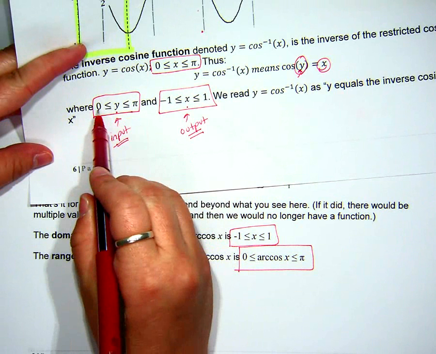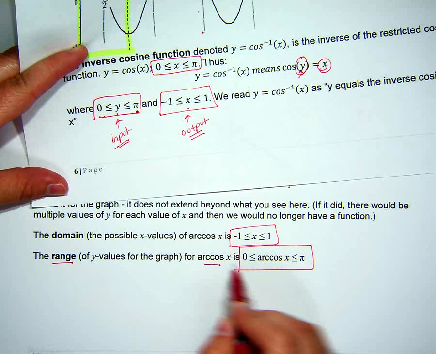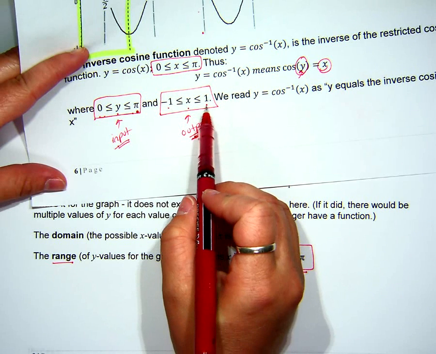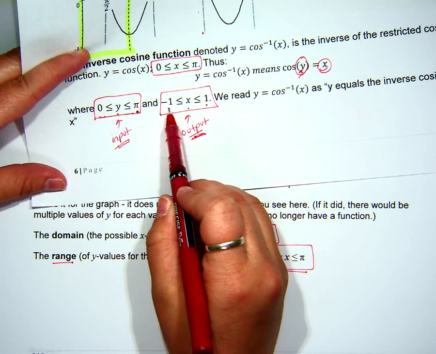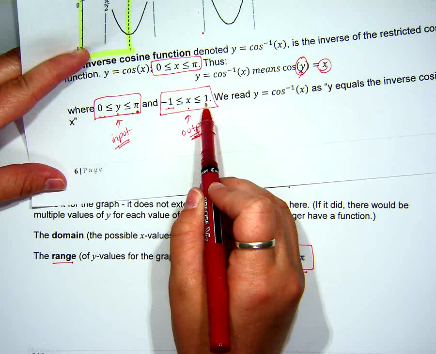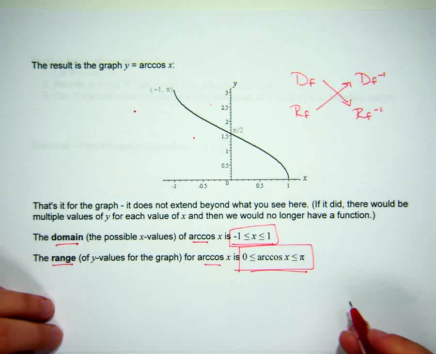My output, which is the range of the original function, is between -1 and 1, which now for the inverse means that your input should be between -1 and 1 for your arc cosine. If you can remember these rules, finding your domains and ranges becomes a little bit simpler.